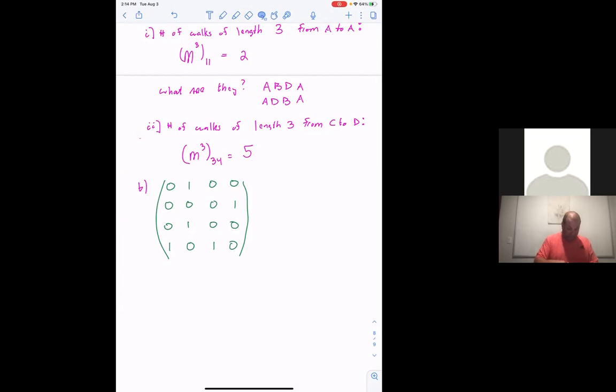That's my matrix B to the 3rd power. So for part I, which is A to A, I get 1. And for part double I, which is C to D, the answer is 0. There are no walks of length 3 from C to D. If you look at B, C to D, I can get there in 2 steps, but I can't get there in 3. Cool.